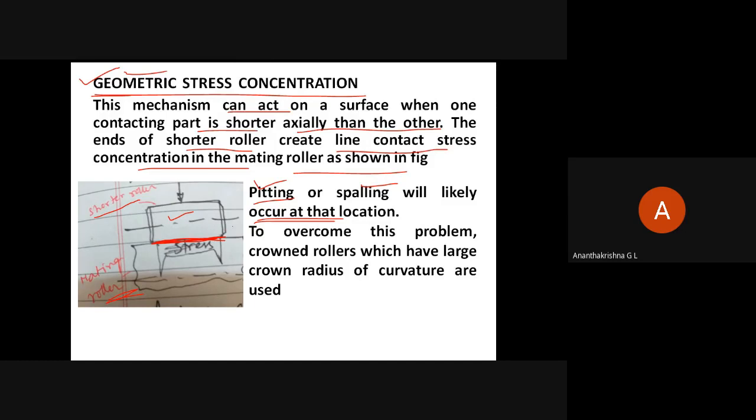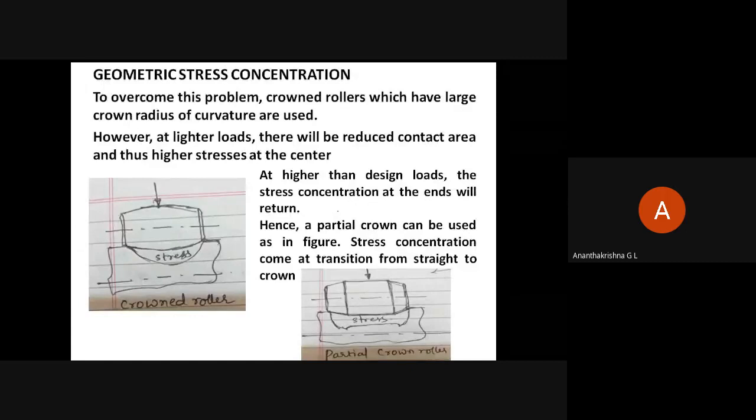Now we have to overcome this line contact because below that you have got stress distribution, right? To overcome this line contact, what we can do is make it into a crowned roller. Let's see how that crowned roller looks. This is what a crown roller is. To overcome the problem, we can make rollers crowned, which have a larger crown radius, like this.